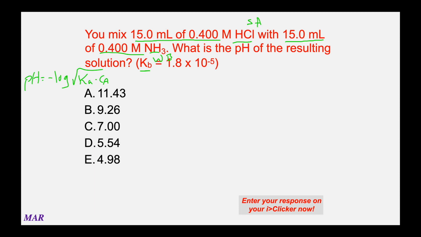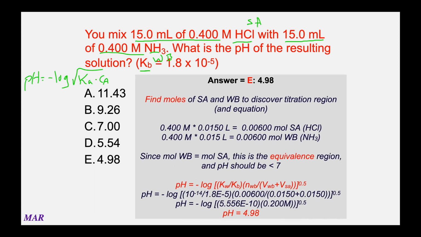You can take the liters of HCl and multiply it by the moles per liter of HCl, for example, to get the moles. You could also do the same thing with ammonia. Ammonia moles have all turned into ammonium at this point, and that's why we can do it. Now, the volume isn't too hard in this problem because we have the two volume amounts. They're both 15 milliliters. You want to make sure you use liters, so we'll use 0.0300 liters.